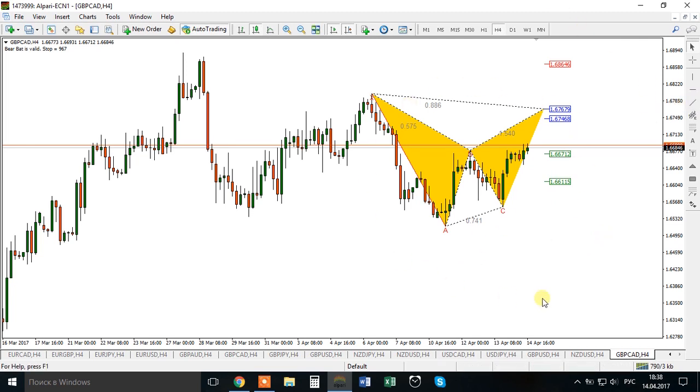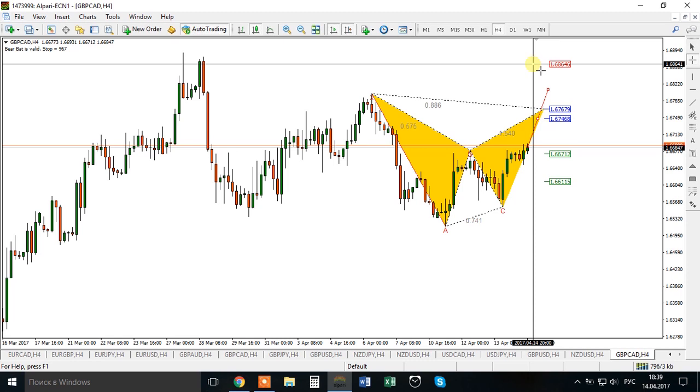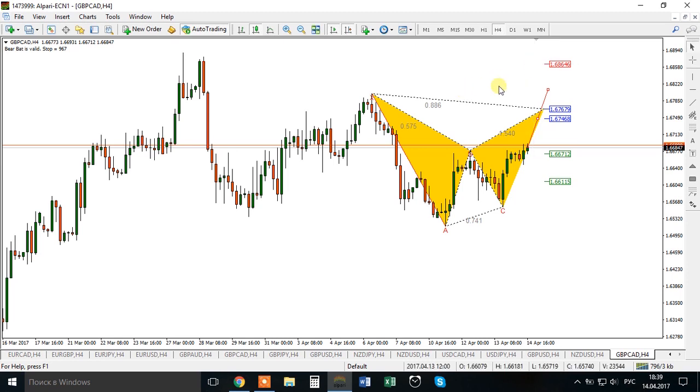Okay, and another thing you should know before you start trading is the target adjustments. After the pattern is completed, when price goes to complete the pattern, and then it goes somewhere in this area, somewhere here, and then the reversal takes place, yes, you should adjust your targets.